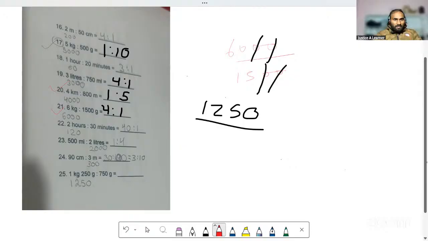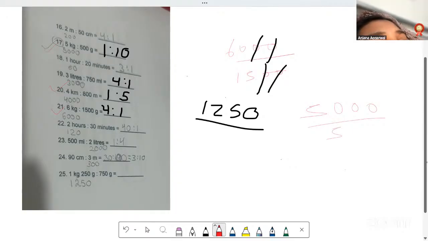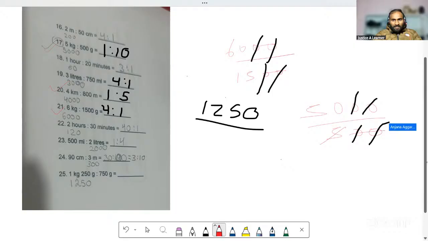This is 110, how? Okay, 5,000 upon 500, right? So two zeros cancelled. It's 10 to 1. So how can it be 110? So why are you doing the same mistake again and again? That would be an incorrect answer, remember.